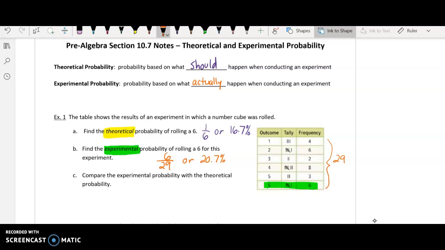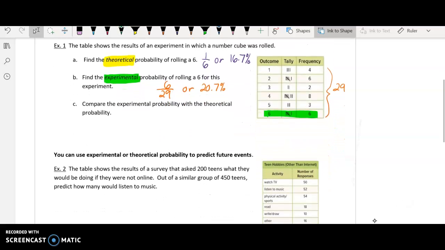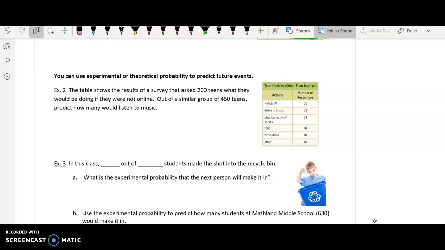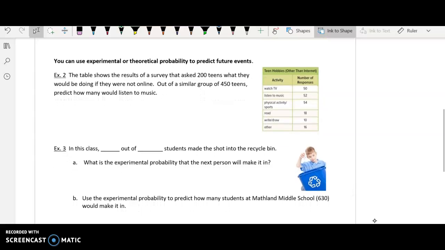Let's look at another example. So we can also use experimental or theoretical probability to predict future outcomes. So we can set up proportions like we've done in the past based on what we know. So let's look at this example. The table shows the results of a survey that asked 200 teens what they would be doing if they were not online.